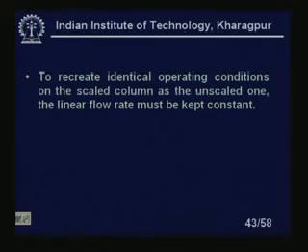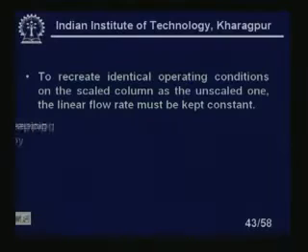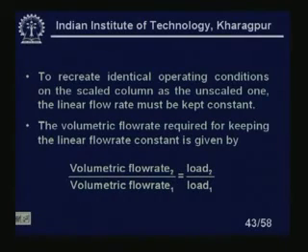To recreate identical operating conditions on the scaled column as on the unscaled one, the linear flow rate must be kept constant. We should have flow meters to know that, because the mobile phase is moving through this column. The volumetric flow rate required for keeping the linear flow rate constant is given by volumetric flow rate 2 upon volumetric flow rate 1 equals load 2 by load 1.